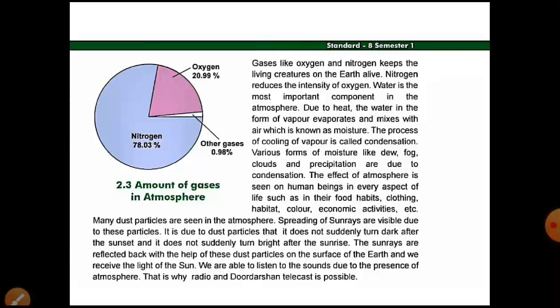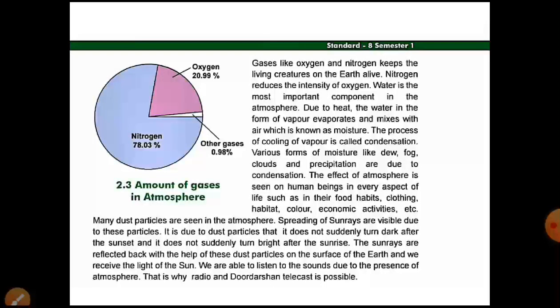The process of cooling of vapor is called condensation. While this water vapor goes higher in the atmosphere, it cools, which is called condensation.